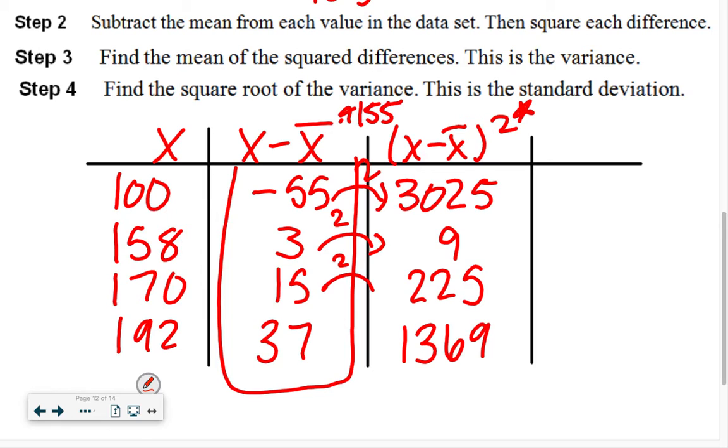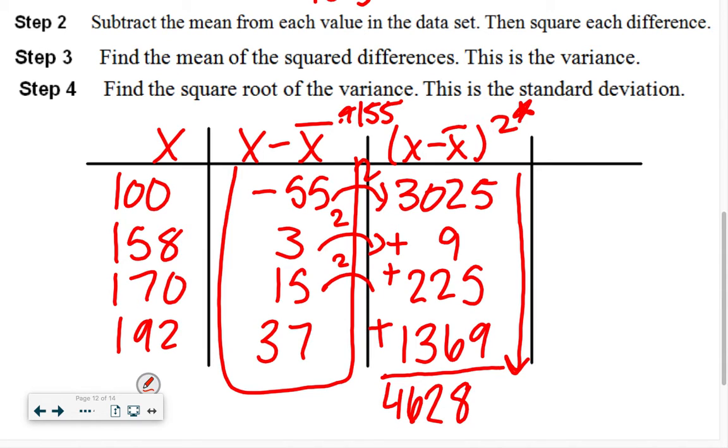Next step, add this column together, all these numbers. 4,628. Okay, good there.